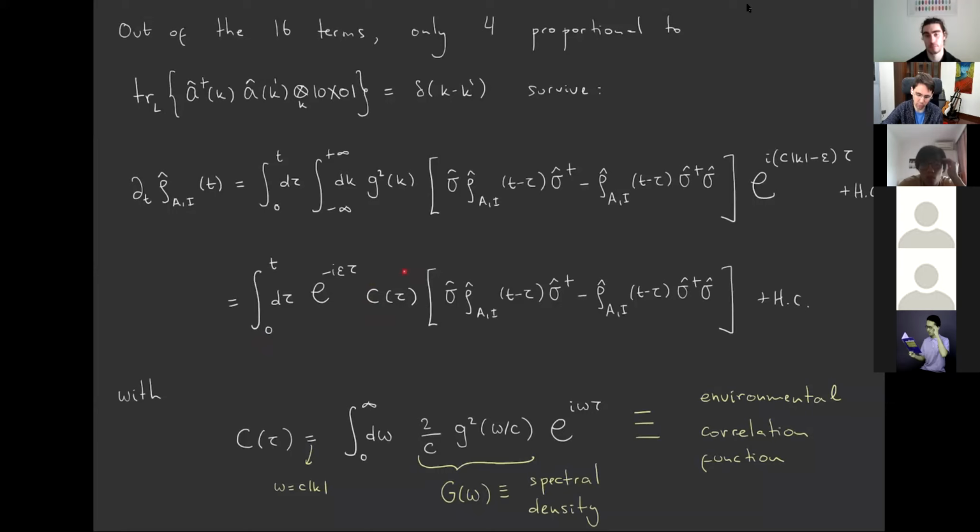However, if you know what is exactly the form of this C of tau, you might try to solve this integro-differential equation with Laplace transform techniques. Maybe you have heard of the techniques to solve differential equations based on the Laplace transform.